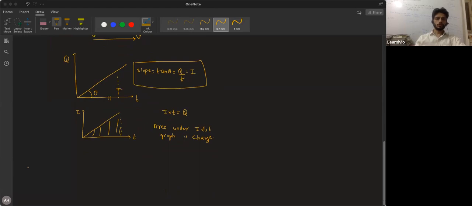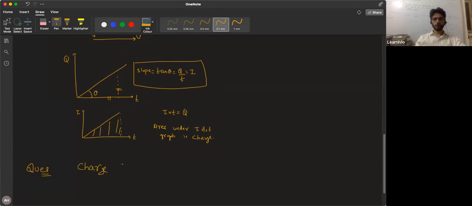Now let's solve the very first question. The question says: charge flowing through a conductor is given by the expression 3t square plus 2t plus 1.